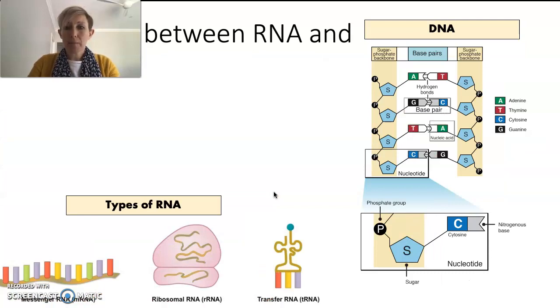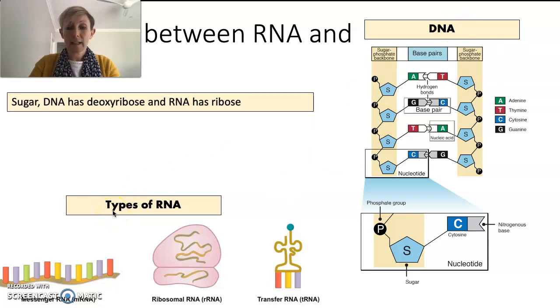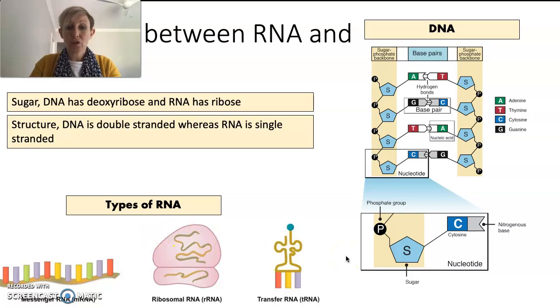Now there are 2 types of nucleic acids that we talk about. DNA, deoxyribonucleic acid, and RNA. And I'd like you to be able to cite at least 3 differences between these. Now the sugar is deoxyribose in DNA and it's ribose in RNA. The structure.